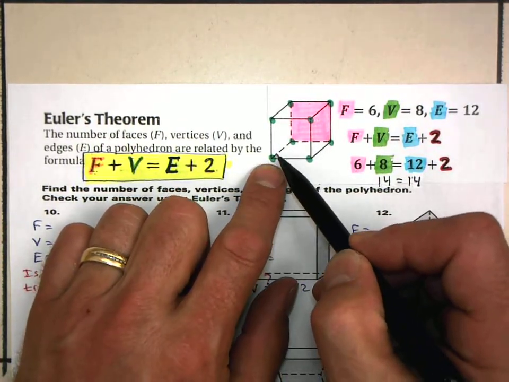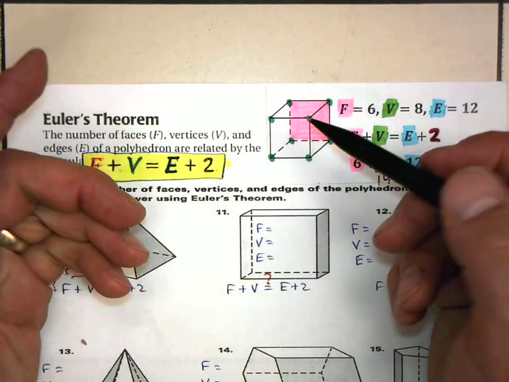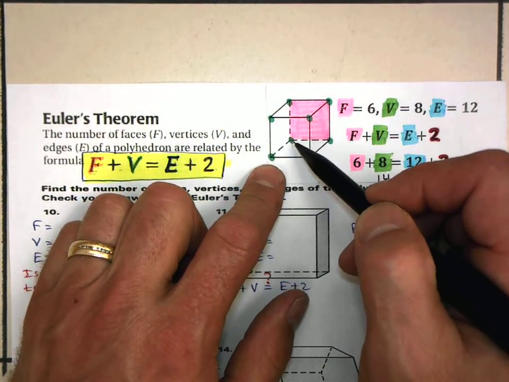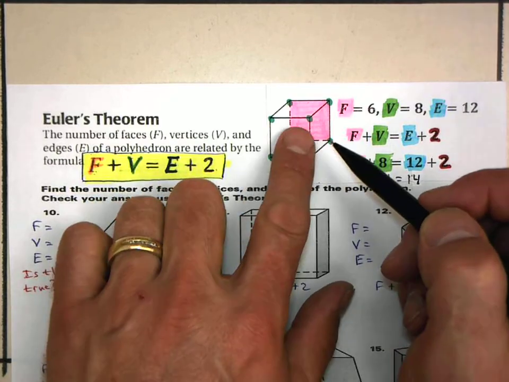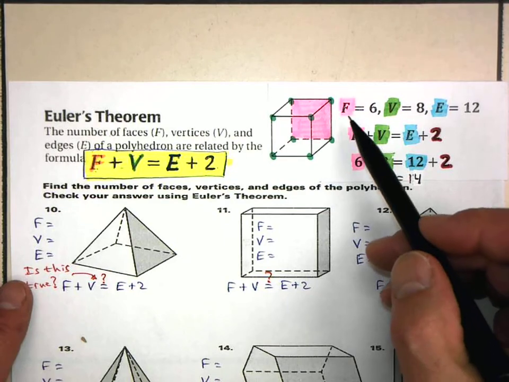Notice that these are dashed lines, so we make them dashed to indicate that we cannot normally see them. So this is the front side right here, and the pink is your back face.